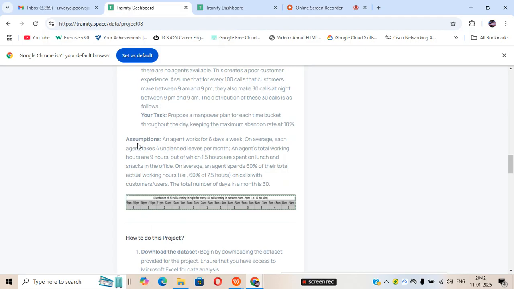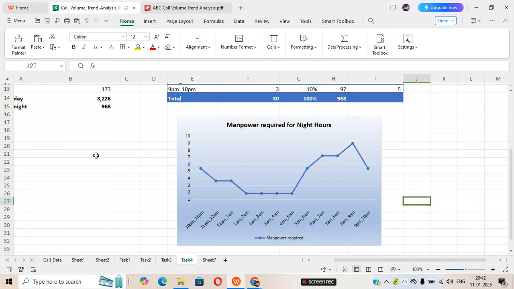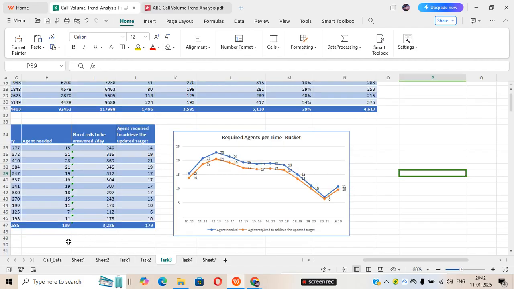So we have the assumptions for this, and they have given the distribution table also. And moving on to the task. For task 4, I have taken time bucket and number of calls to be answered from the previous task itself.